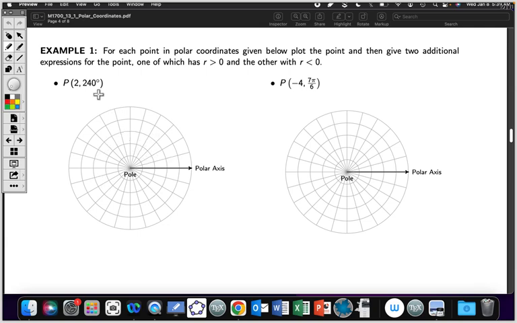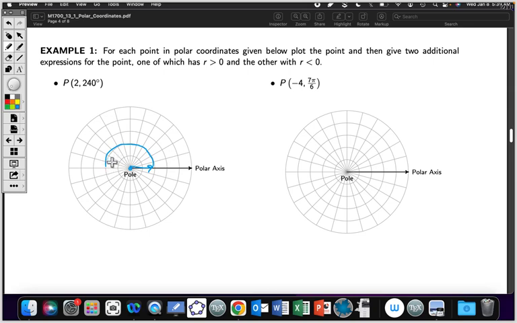So if we start at 2 comma 240, I start at the pole, and I'm going to go out 2. So I would start here at the pole, and I'd head out 2 units. That means I'm on the circle of radius 2, and I want to rotate 240 degrees. So here we go. So we start off here. There's halfway around, that's 180 degrees.